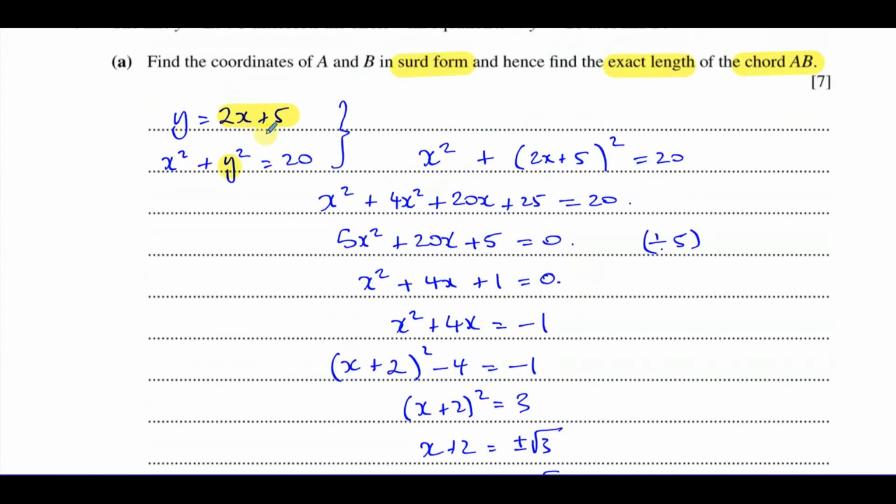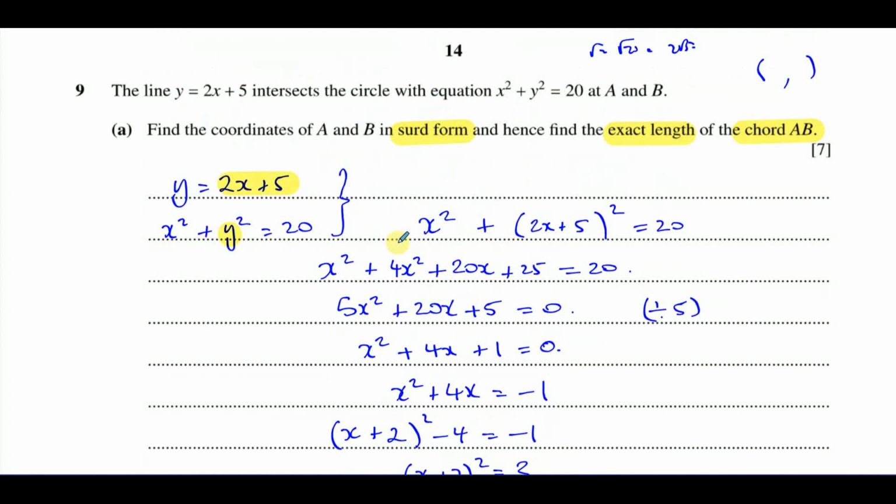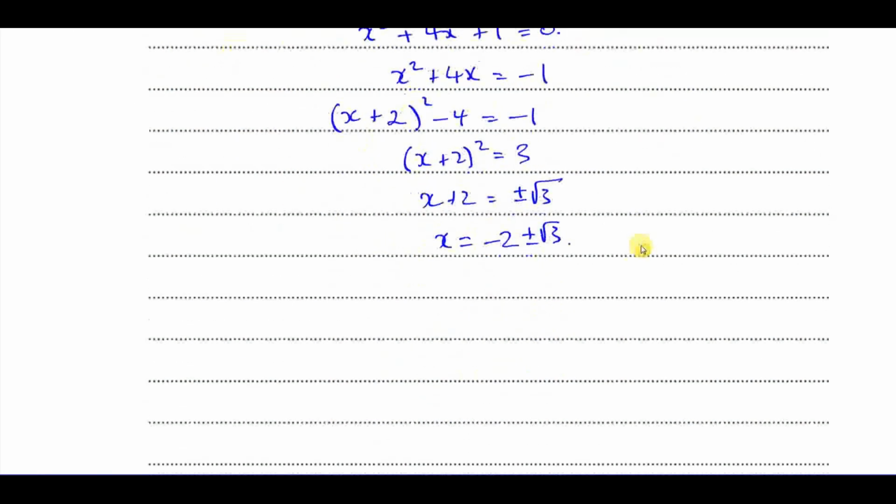So we're going to use the equation y equals 2x plus 5, which is of course the easier one to use. We know when x is equal to minus 2 plus root 3, then y is equal to 2 times minus 2 plus root 3, plus 5.